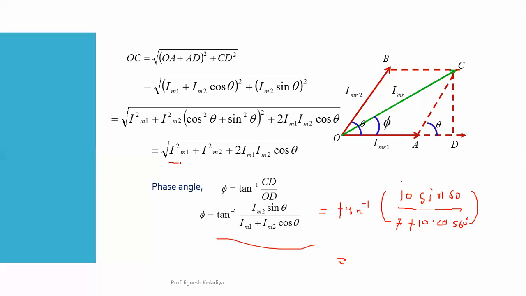In order to find the magnitude, we applied that equation; for the angle, this one.